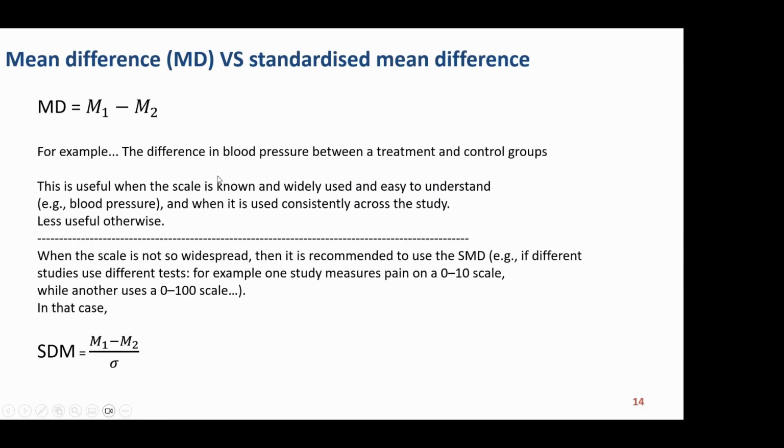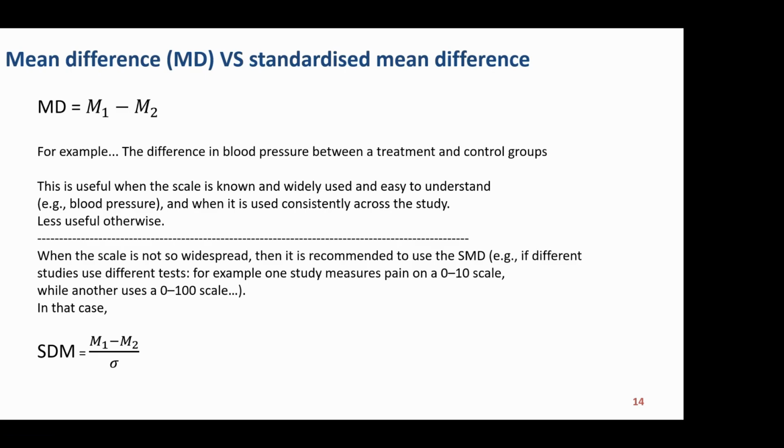Starting from the mean difference: the normal difference is just the difference between two means. Standardized mean difference is the difference divided by the standard deviation. Normally, it's better to use the first one because it maintains the units. Let's say blood pressure is measured in millimeters of mercury.